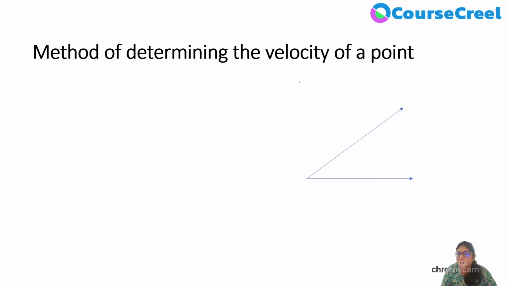Okay, and this velocity of a point we will define on a link or we can define on a mechanism, because link जो है mechanism का एक part होता है. तो mechanism में number of links होंगी, but for one link we have to define velocity at a point. Okay, so how to determine the velocity of a point? It is mainly defined by two methods.